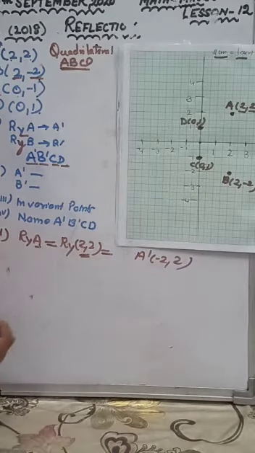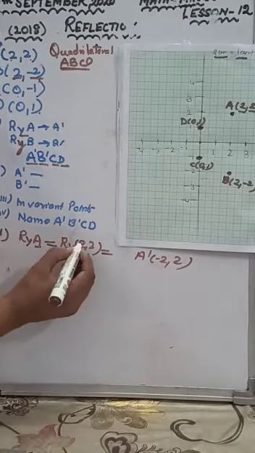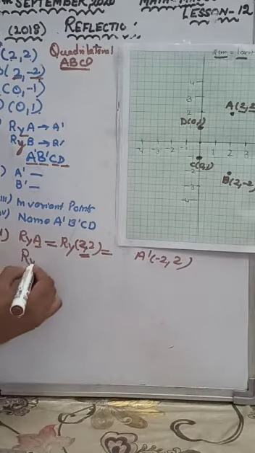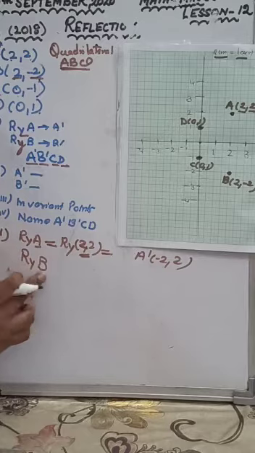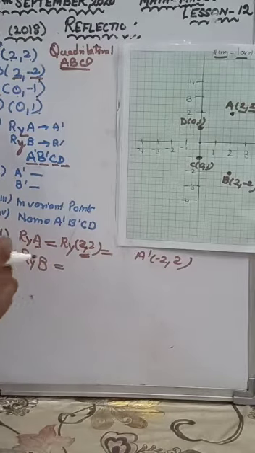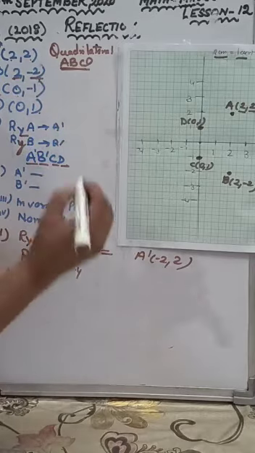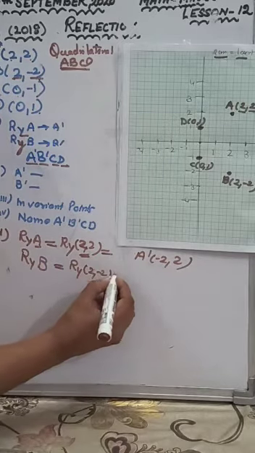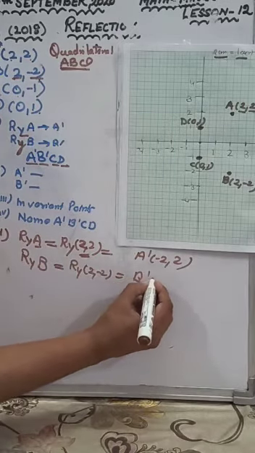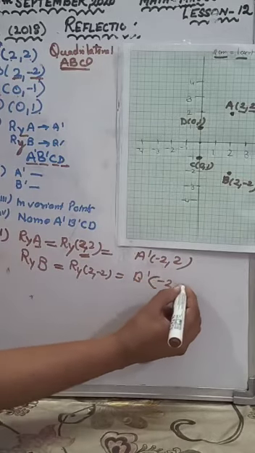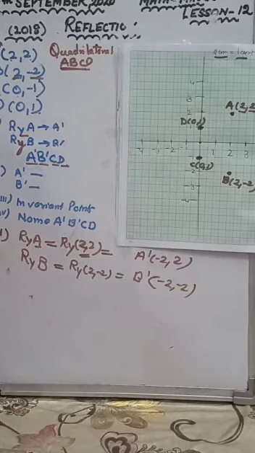The first number in the coordinate is known as the abscissa. Now reflection of point B (2, -2) on the y-axis will be B dash (-2, -2). Clear? So these are the coordinates of A dash and B dash.